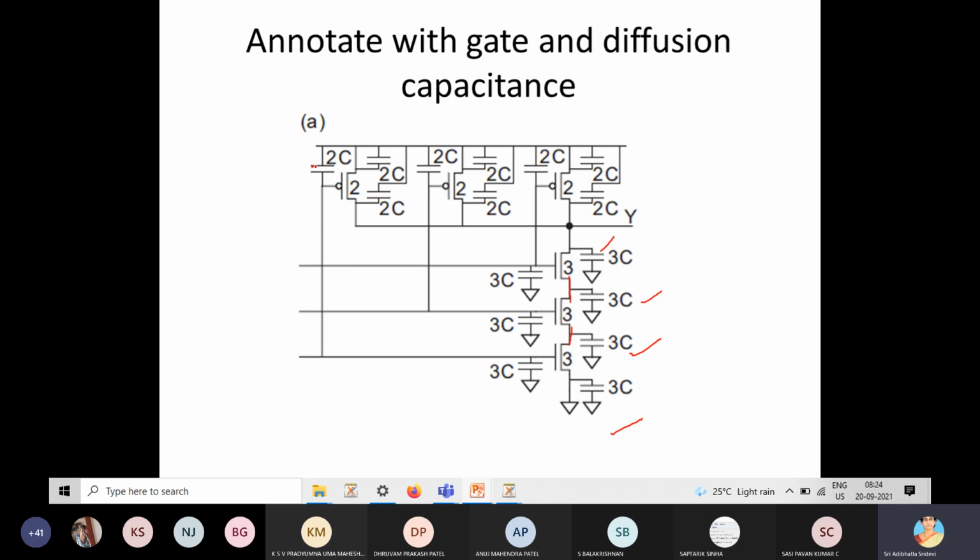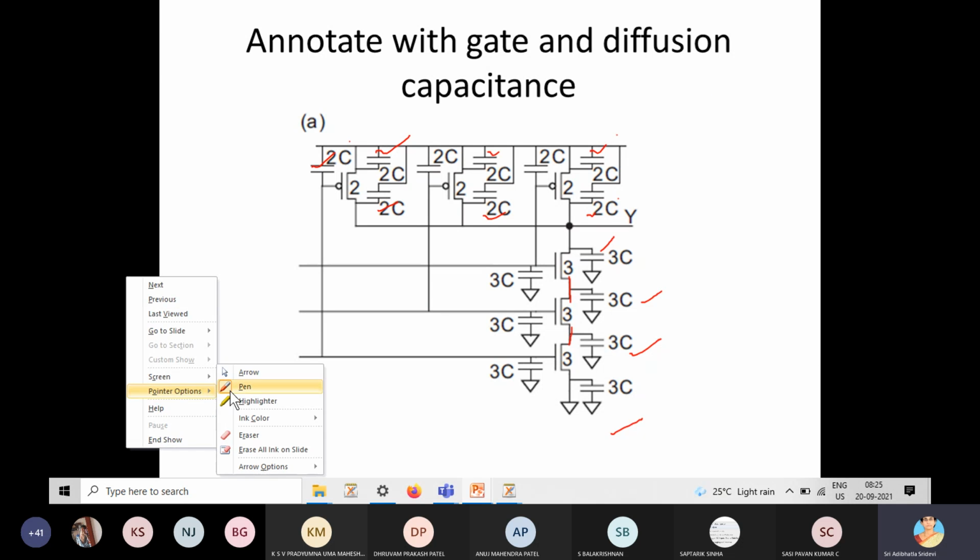Similarly, here this is the gate capacitance. This is the source capacitance, source capacitance, source capacitance, drain capacitance. Now, whenever we have the source capacitance, the source of PMOS is connected to supply.